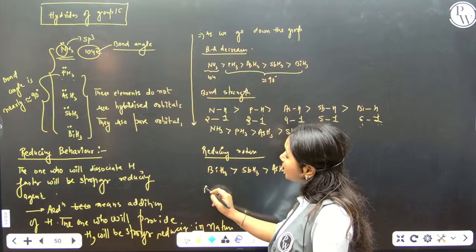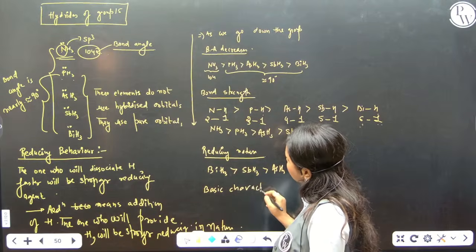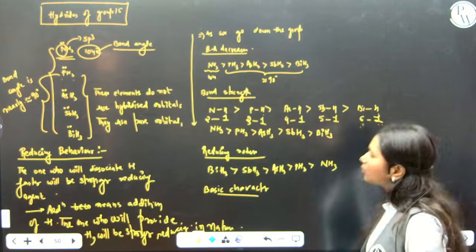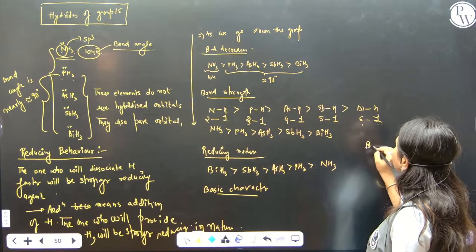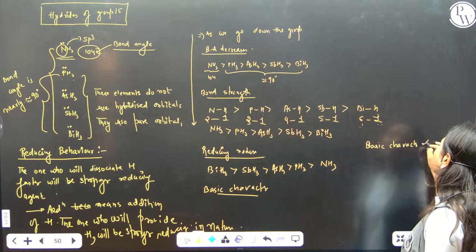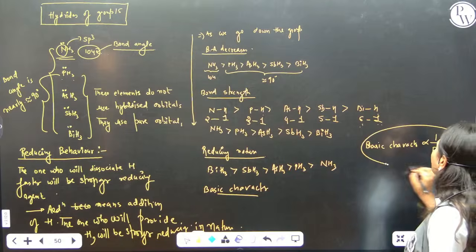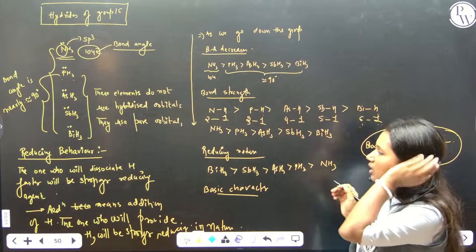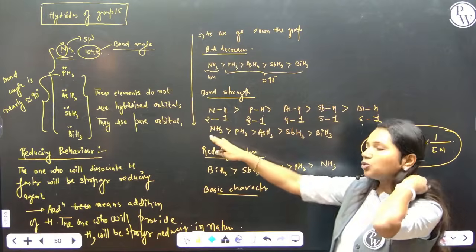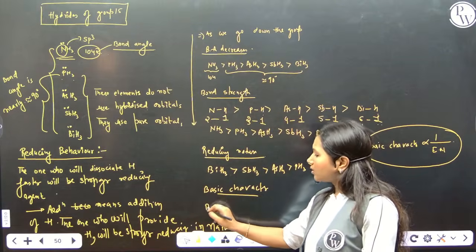Now next is basic character. We know that basic character is the reverse of EN, right? So based on that, ammonia should be the least basic, but this is not the case. The order is different.